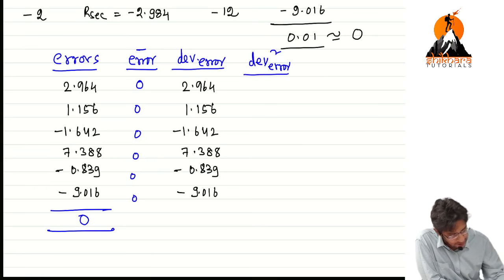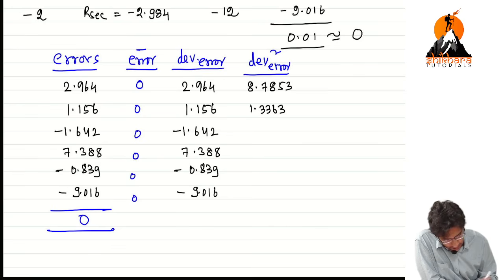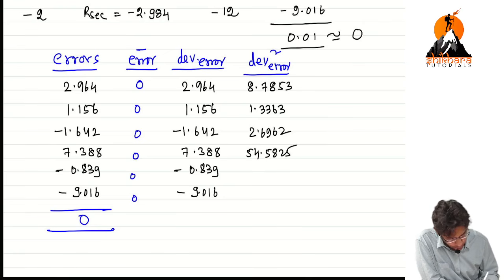So 2.964 squared equals 8.7853. 1.156 squared equals 1.3363. 1.642 squared equals 2.6962. 7.388 squared equals 54.5825. 0.839 squared equals 0.7039. 9.016 squared equals 81.2883.